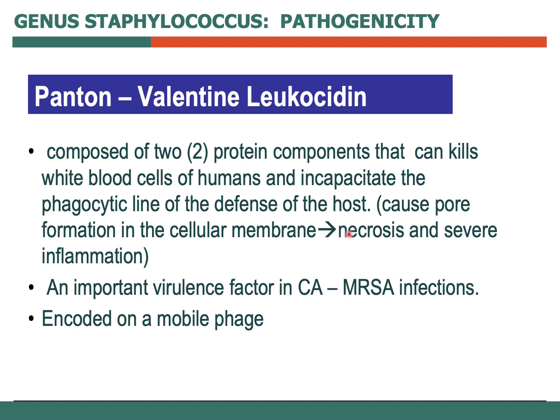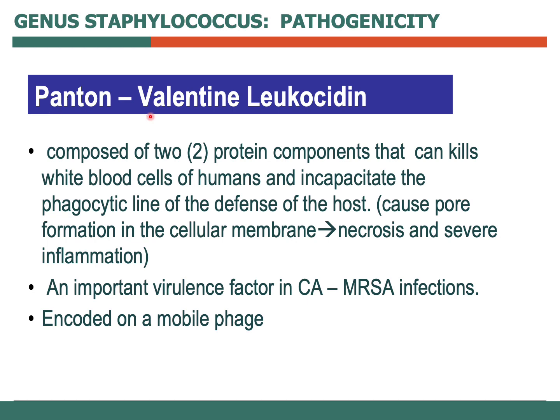Many of these infections start with, for example, a skin infection. And once the organism produces Panton-Valentine leukocidin, it may be life-threatening, okay? Because if not treated early, it can cause pore formation in the cellular membranes, leading to necrosis and severe inflammation.